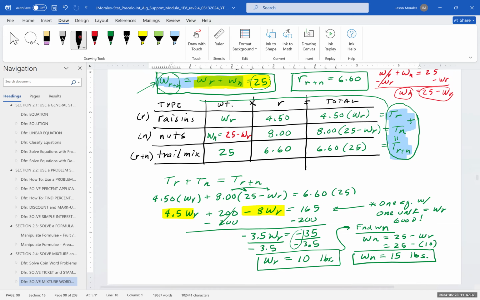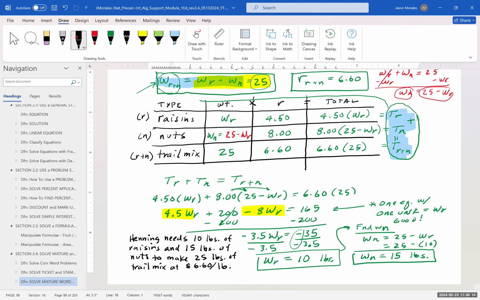So our answer is going to be Henning needs 10 pounds of raisins and 15 pounds of nuts to make 25 pounds of trail mix at 660 per pound.